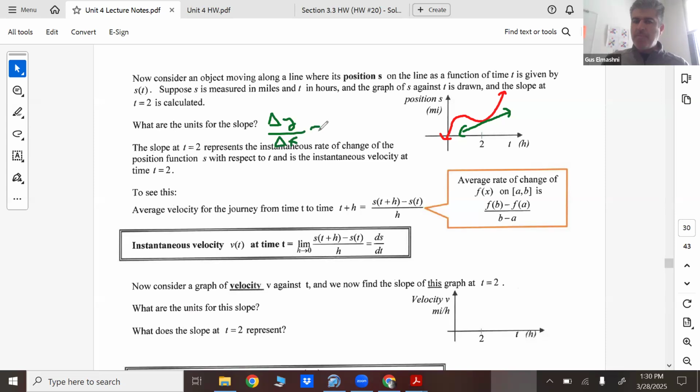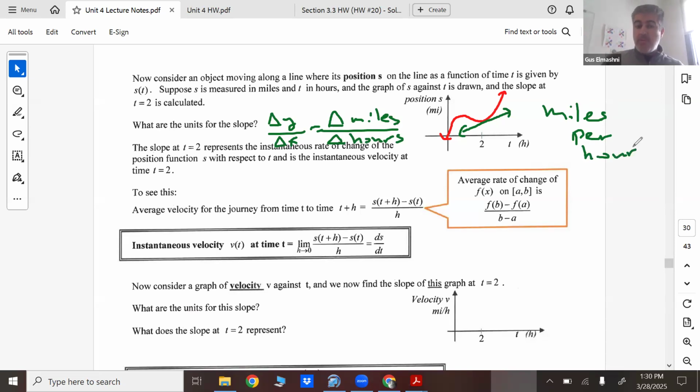So what does my y represent? Per hour, right? Looking at change in miles and change per hour, or miles per hour, right?